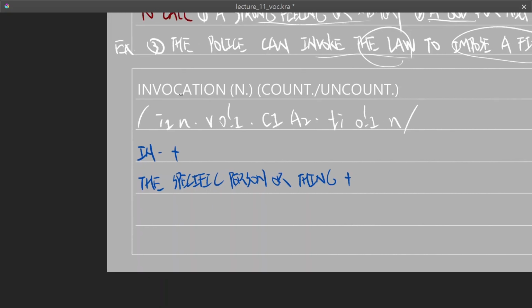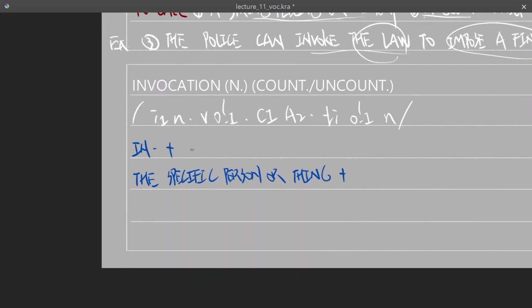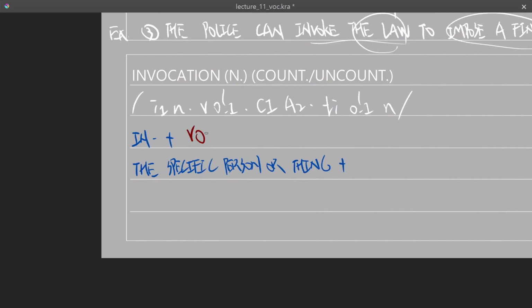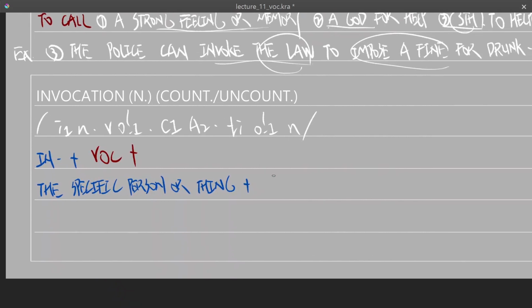And we have the root voc, meaning to call.